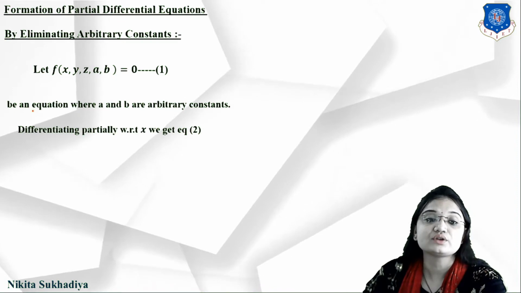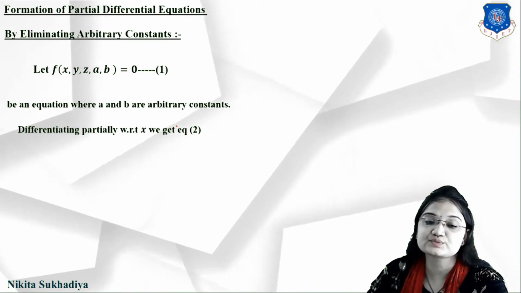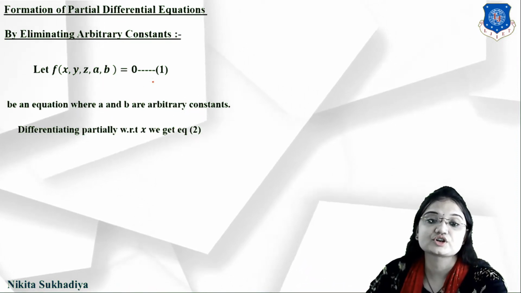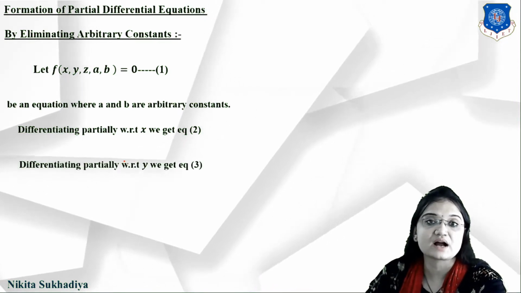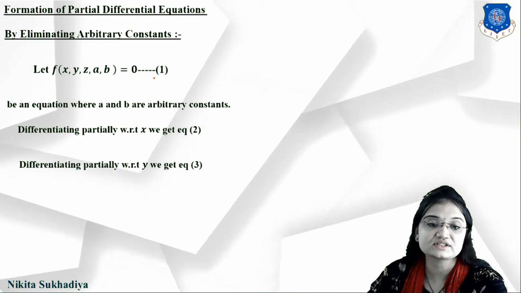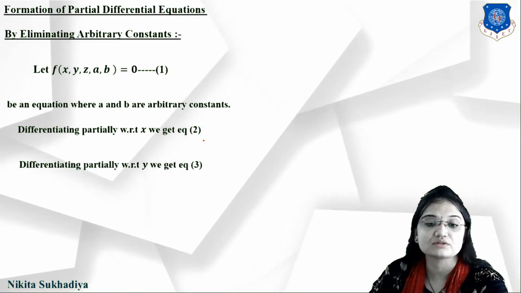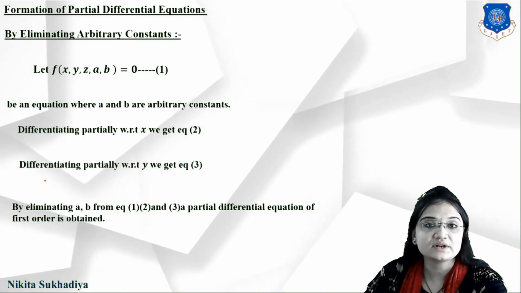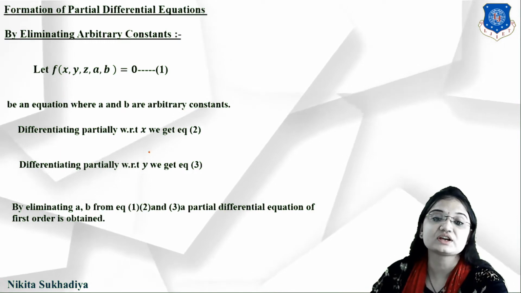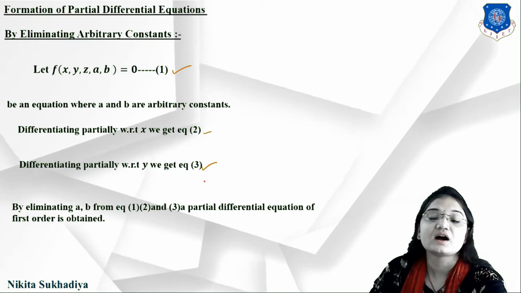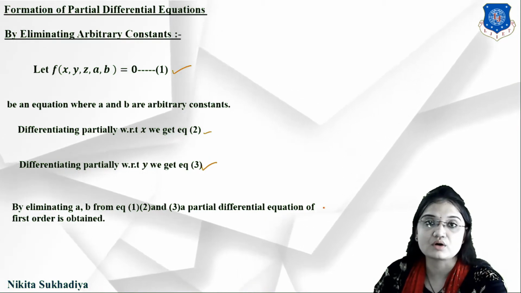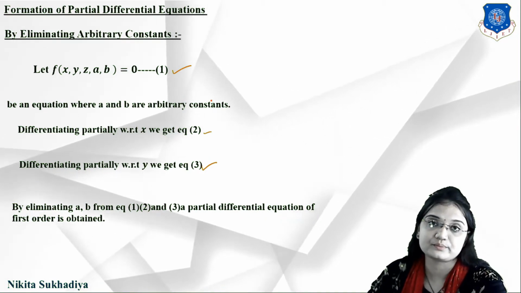Now differentiating partially with respect to x, we will get equation number 2. Then differentiating partially with respect to y, we will get equation number 3. Then by eliminating a and b from equation number 1, equation number 2 and equation number 3, a partial differential equation of first order is obtained.